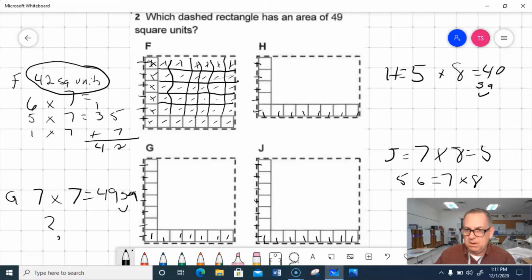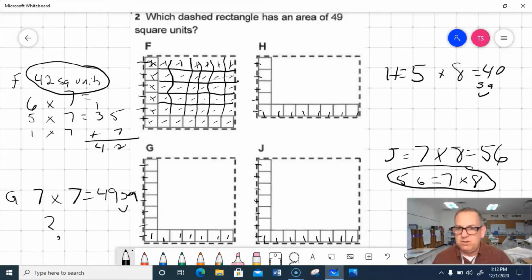So that's one you have to kind of memorize. There's no real tricks other than memorizing this little 5, 6, 7, 8, because 5, 6, 7, 8 are all consecutive digits. If you put an equal sign between the 6 and the 7, and a multiplication sign between the 7 and 8, you can say 56 is equal to 7 times 8. So the rectangle that is 49 square units is rectangle G.